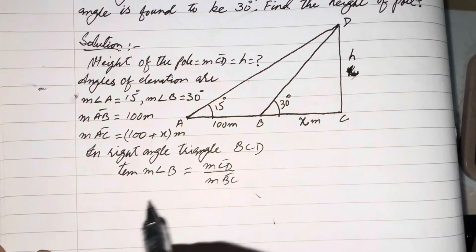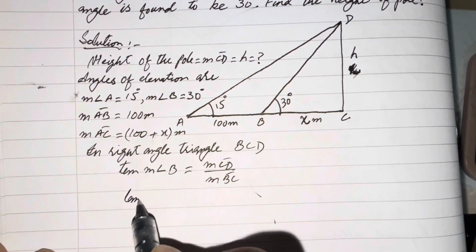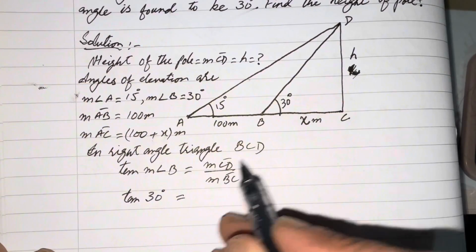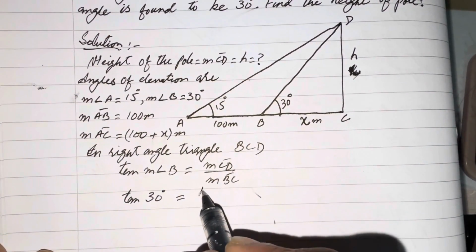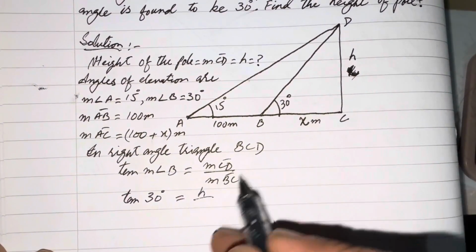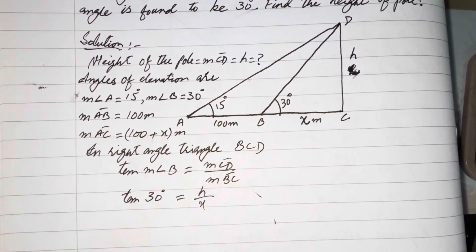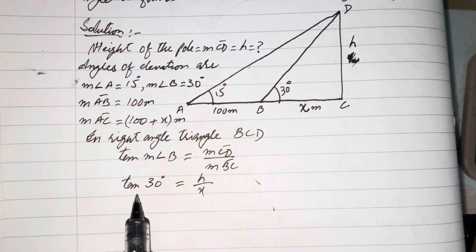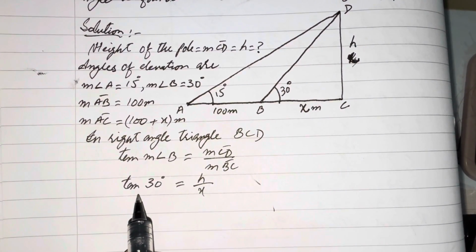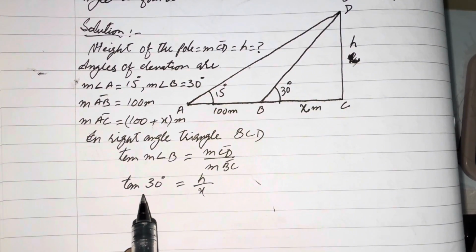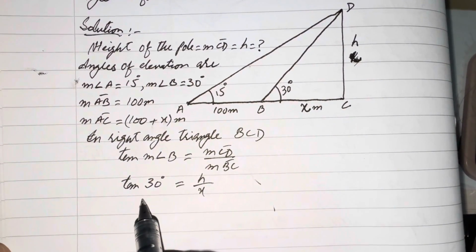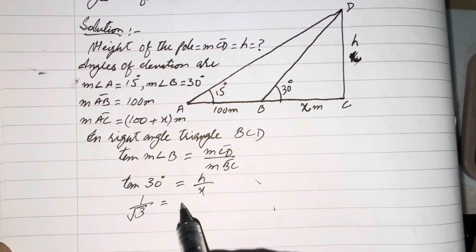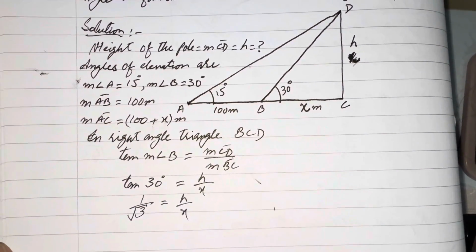The measure of angle B is 30 degrees, so tangent of angle B equals tangent 30 degrees, where CD is h and BC is x. According to the trigonometric ratio table, the value of tangent 30 is 1 over root 3, which equals h over x.